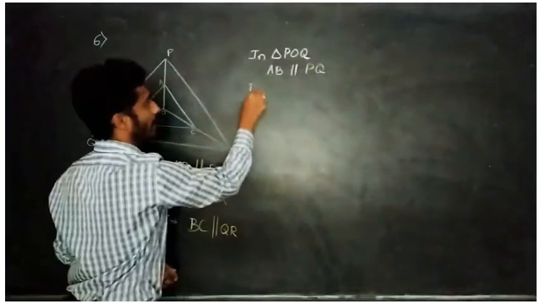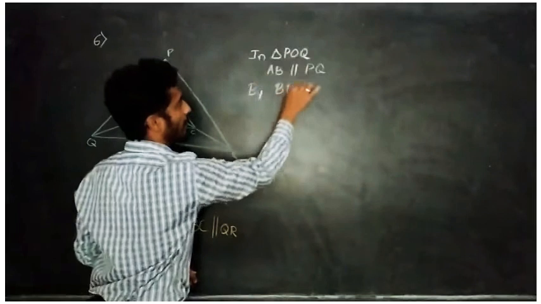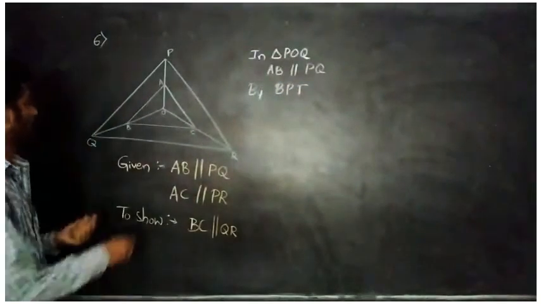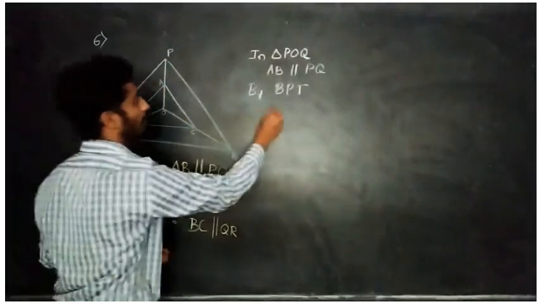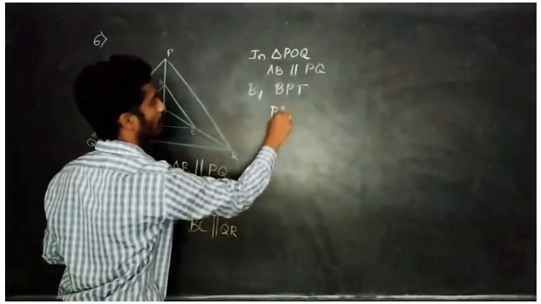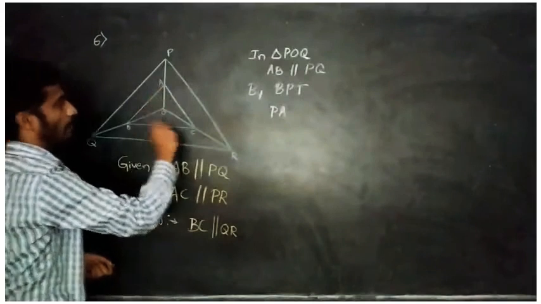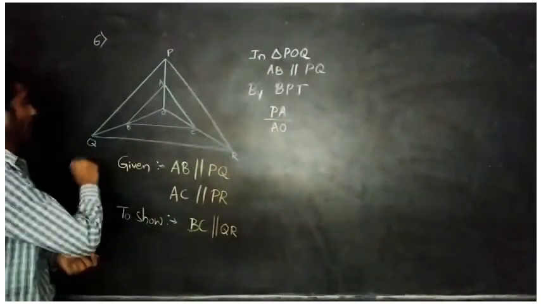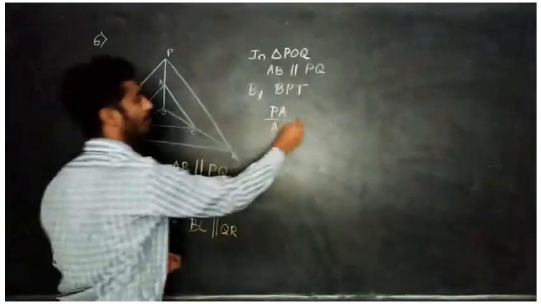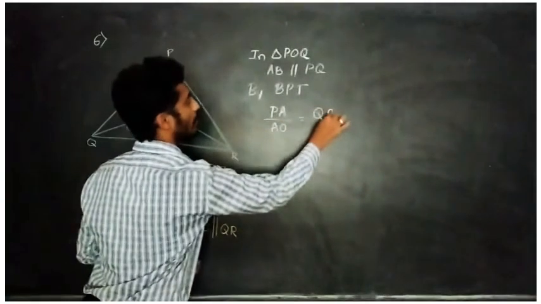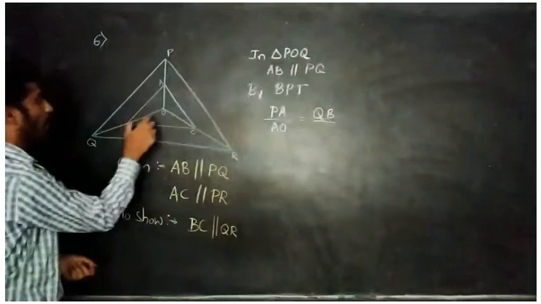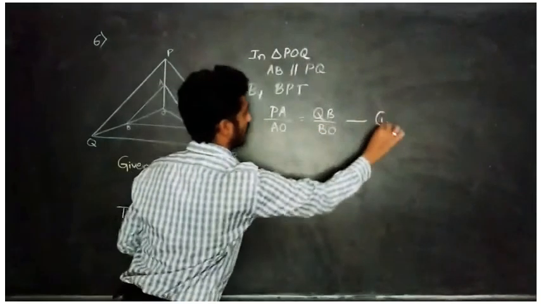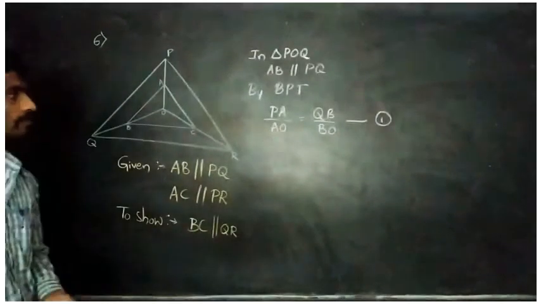So by BPT, that is basic proportionality theorem, we will get here PA by AO equal to QB by BO. Let's take it as equation number 1.